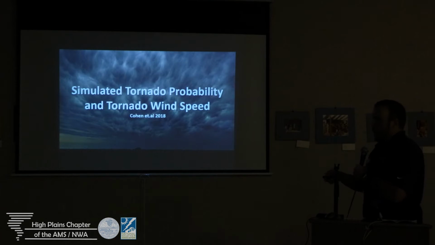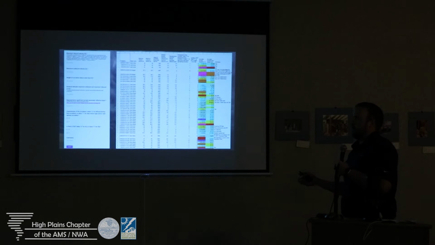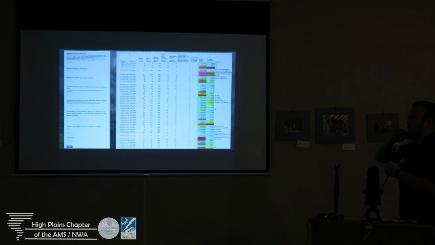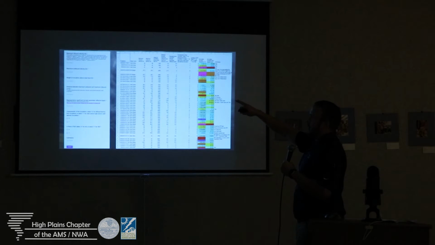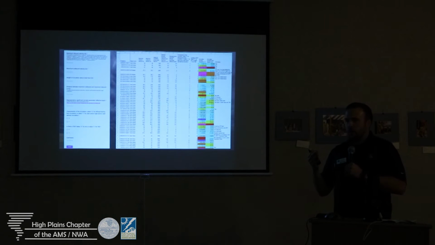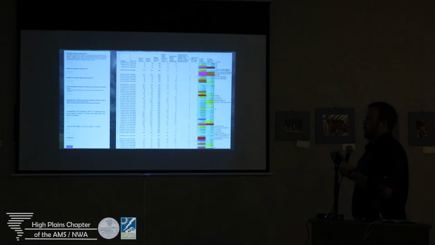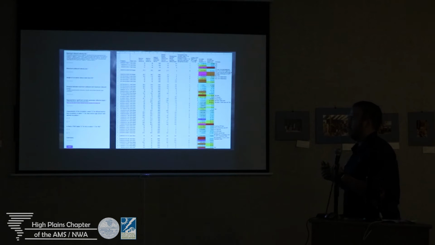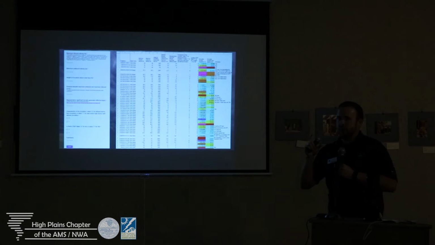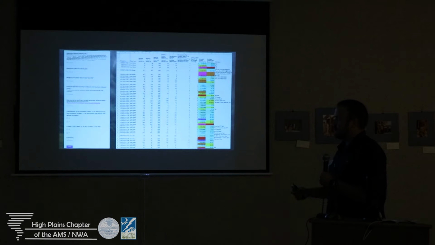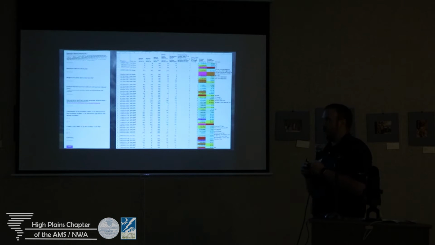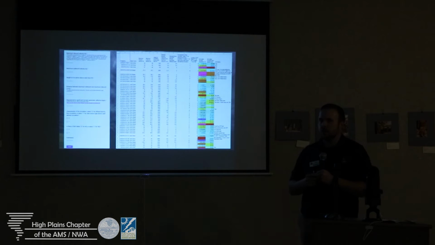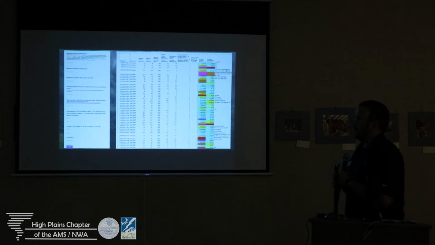The output right now that we use is pretty basic. It's a Google sheet with pretty simple inputs. Basically you're looking for the maximum outbound of a low-level circulation, the maximum inbound, the height of this above the radar level, and the diameter between your max in and your max out. The environmental parameter that's ingested is the effective layer significant tornado parameter.